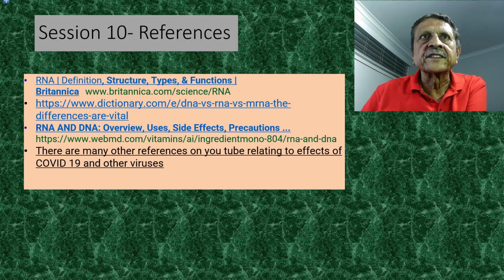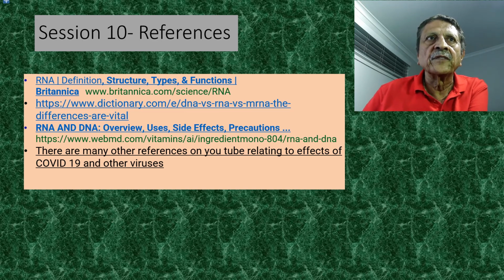For those who are interested in further information, please look into structure, types and functions of RNA and DNA, overview, uses and side effects, precautions, etc. And you can also see quite a number of YouTube information on the effects of COVID on human beings and other viruses.